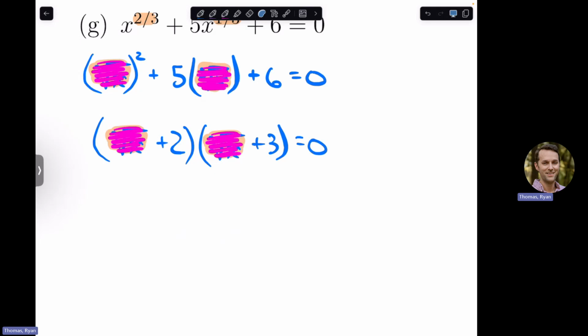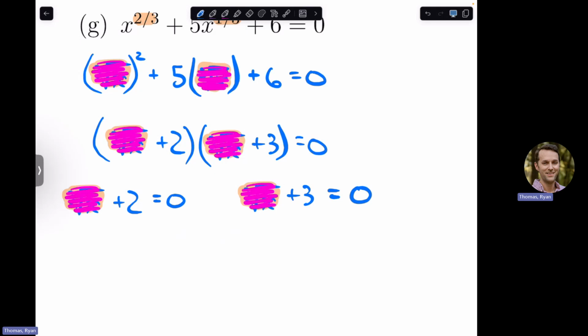And if it factors like that, then as usual, we can use the zero product property to split things up and say, okay, well, either this thing is 0 or this other thing is 0. There we go. Said it wrong.